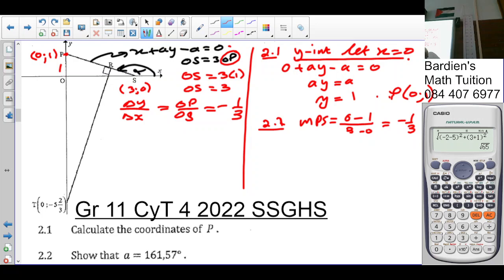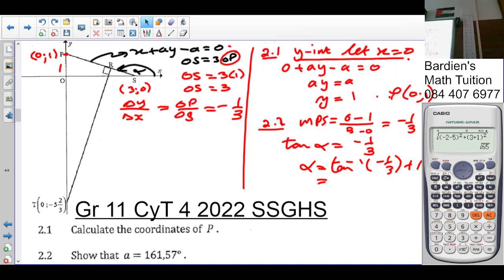So your alpha, of course, is going to be tan of alpha equals negative 1 over 3. So tan inverse of negative 1 over 3 is a negative angle, then I have to add 180.